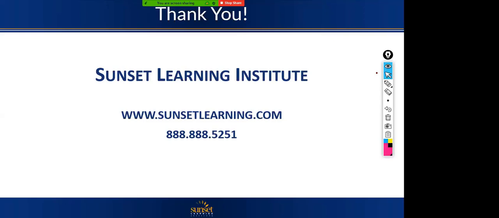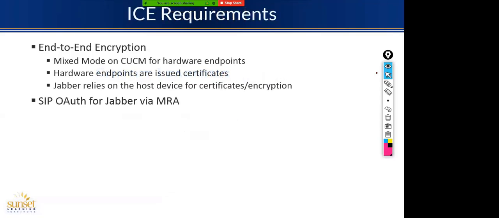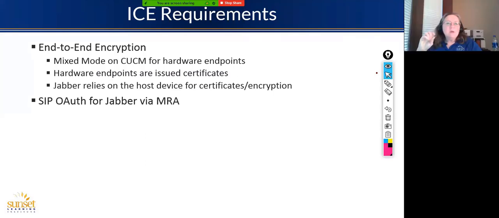Can I do it by just assigning a phone security profile to just those small offices' phones and not enable security for the whole enterprise and just change the parameter to mixed mode? Is it doable? I think what you're asking is, if I turn on mixed mode, can I be selective about which devices are going to have certificates and are going to be encrypted? Absolutely.